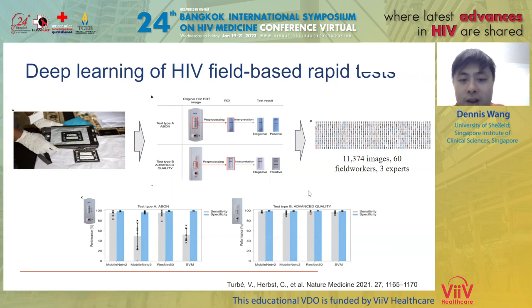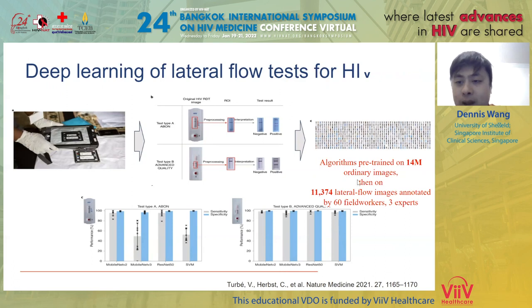By just feeding it images of the lateral flow test result, it is able to classify whether the sample is positive or negative for HIV. And there was a huge amount of work collecting 11,000 lateral flow images.